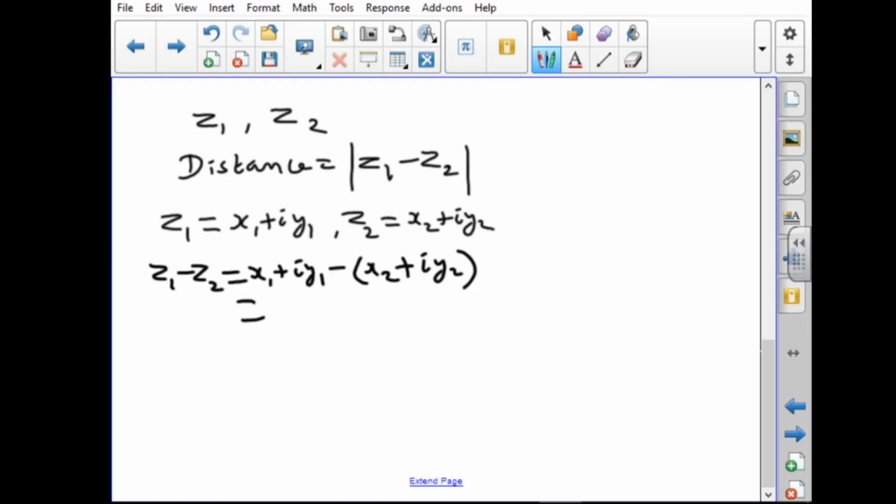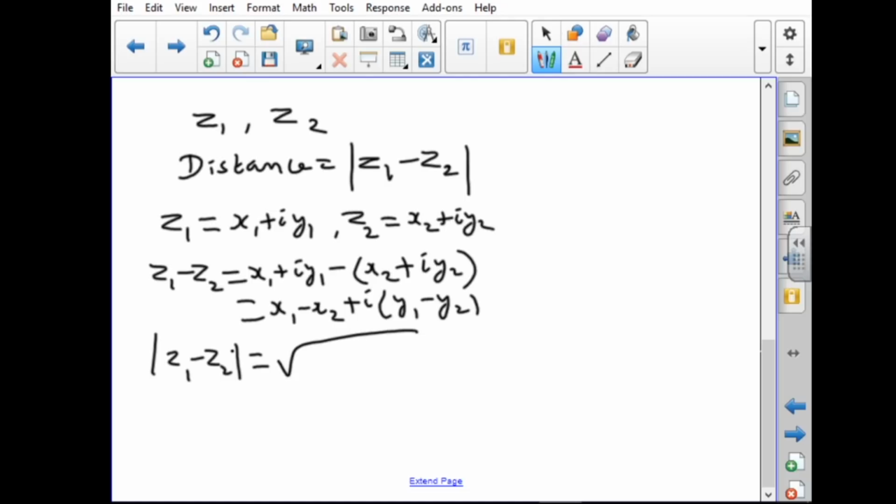So it is equal to x1 minus x2 plus i into y1 minus y2. Therefore, modulus of z1 minus z2 is the distance between the two complex numbers, and it is equal to root of x1 minus x2 the whole square plus y1 minus y2 the whole square.